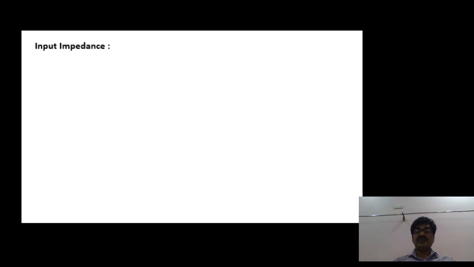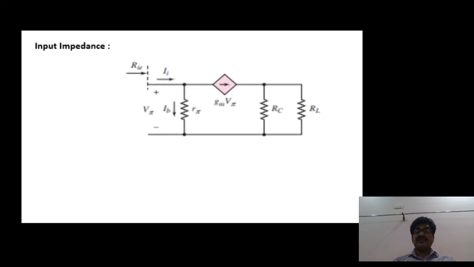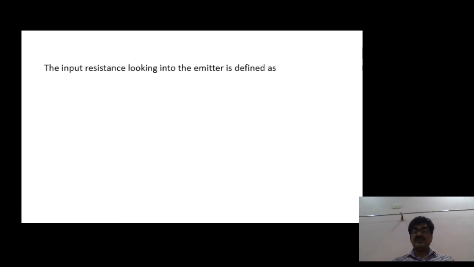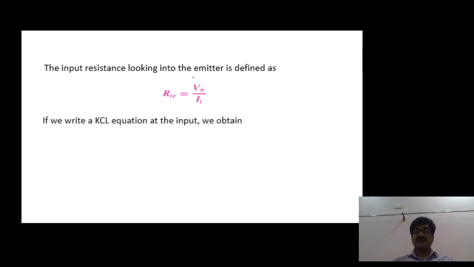Now coming to input impedance. For deriving the input impedance, let us consider the equivalent circuit like this. At the emitter terminal, we are estimating the resistance value. So the resistance looking at the emitter is Rie equal to V pi divided by Ii.